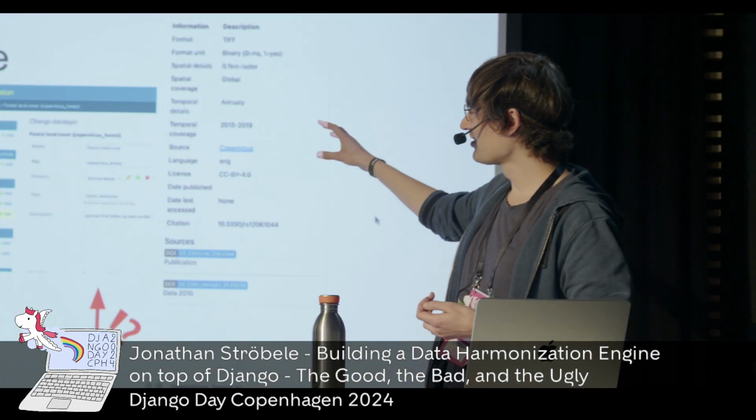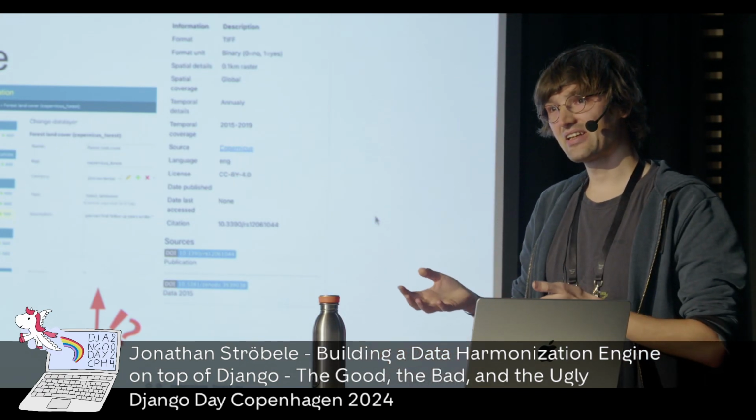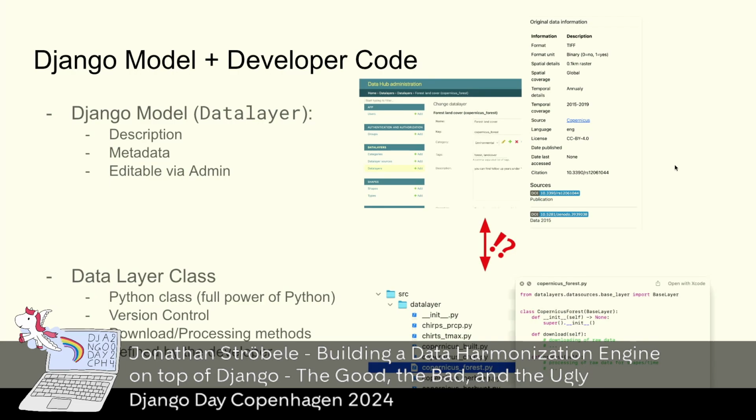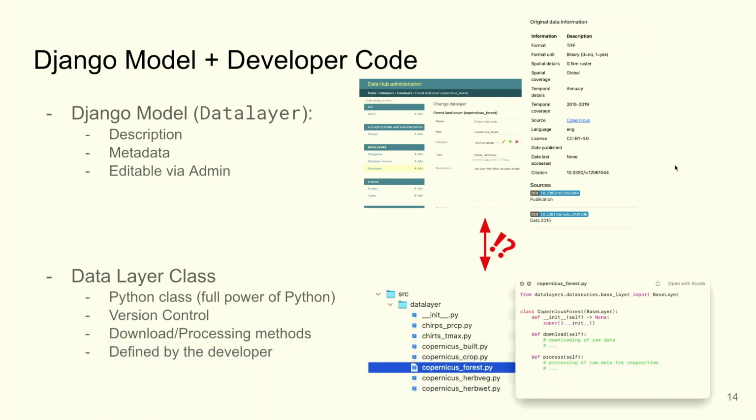In the Django model, I have my data layer object, which encapsulates the description, the metadata of a data source, which the user can edit via the Django admin, and then is able to change everything. On the other hand, I have my data layer classes with the actual methods for data processing, which are based on source code and should be created by the developer on the file system, so he can put it into version control and see the history of developing his processing routines.